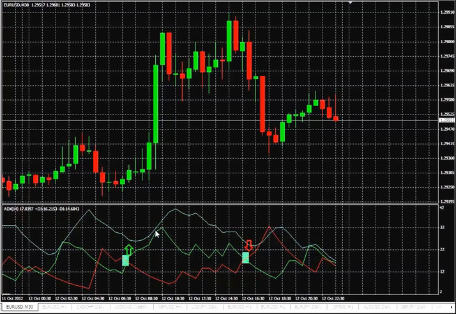The ADX kept going up, but the DI plus formed an angle, and that showed that something changed in the direction of the trend. And yes, it did change.